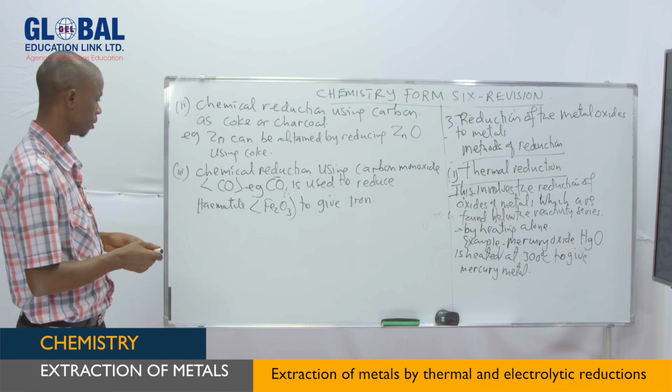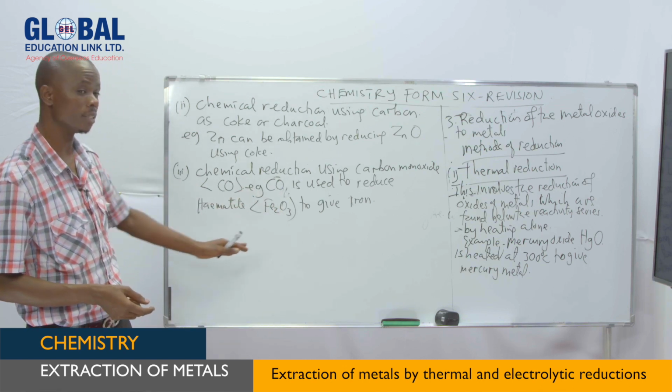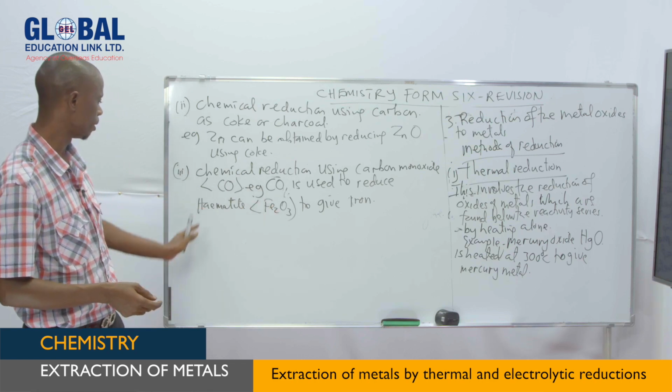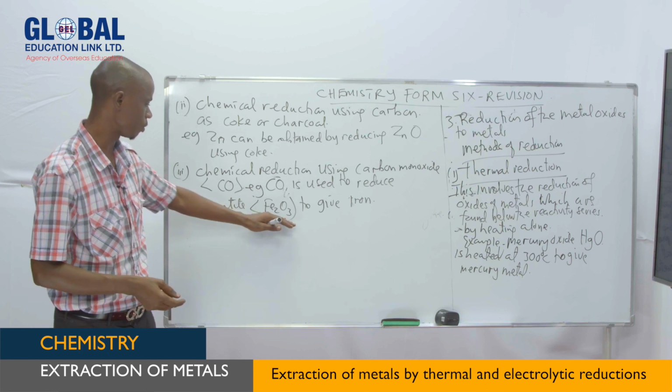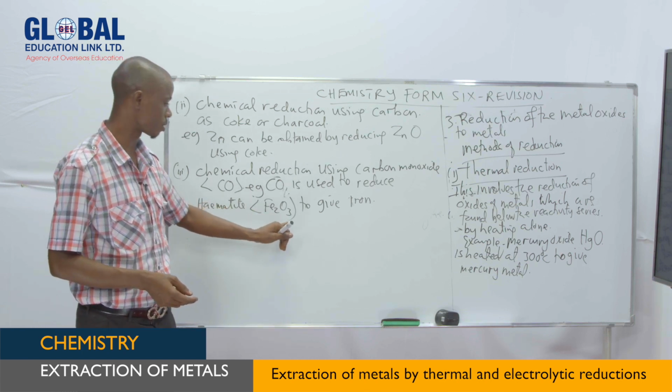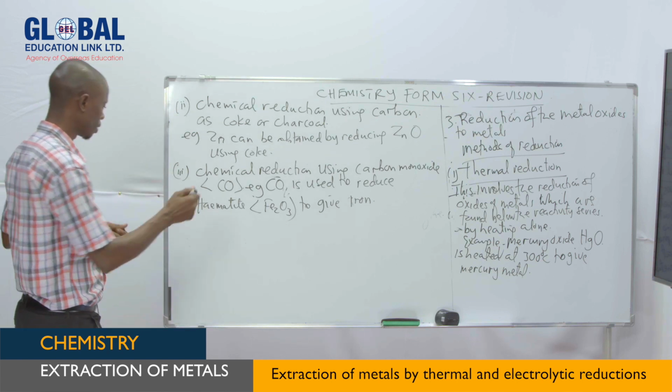So carbon monoxide is the main reducing agent in the furnace when extracting iron. It can be used to reduce this hematite ore, which is iron(III) oxide, to give iron. That is another reduction.